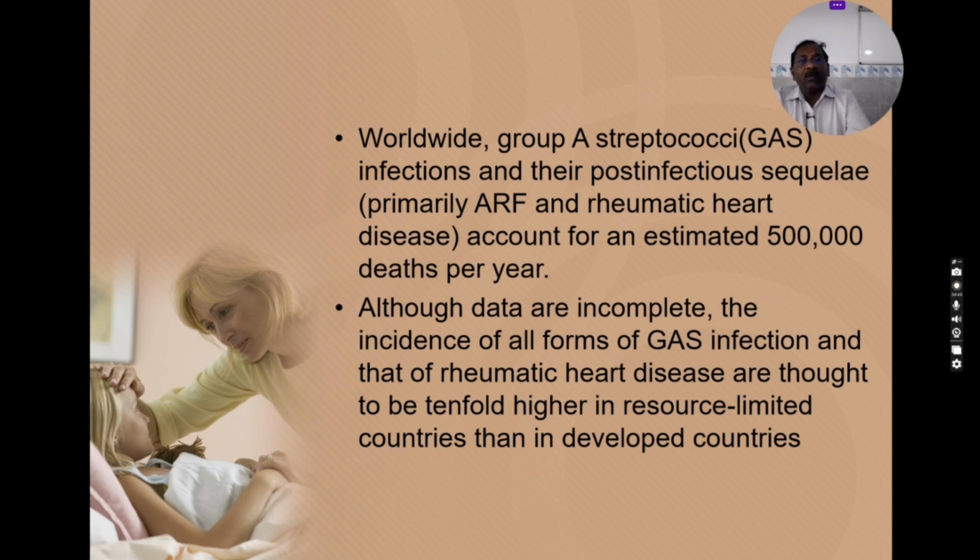Worldwide, group A Streptococci and their post-infectious sequelae, mostly rheumatic fever and rheumatic heart disease, account for an estimated 500,000 deaths per year. The incidence of all forms of group A Streptococcus infection and of rheumatic heart disease is thought to be tenfold higher in resource-limited countries like India than in developed countries.